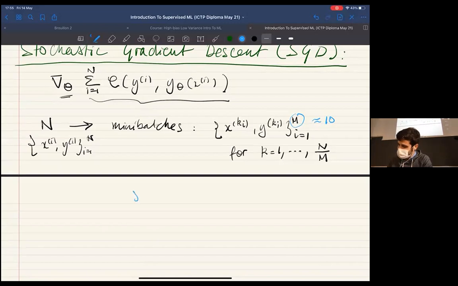So concretely, it means that if you have a mini batch (x_ki, y_ki), where k is the index of the mini batch and ki means the indices of the samples inside this mini batch, it's a double index. I hope you're not too confused.